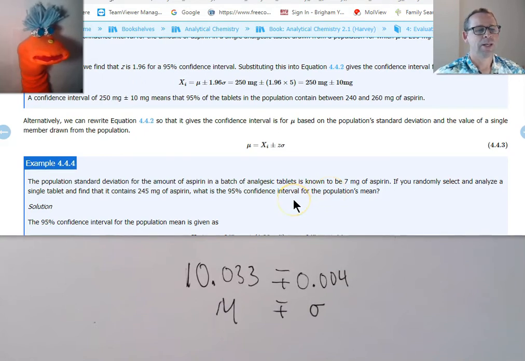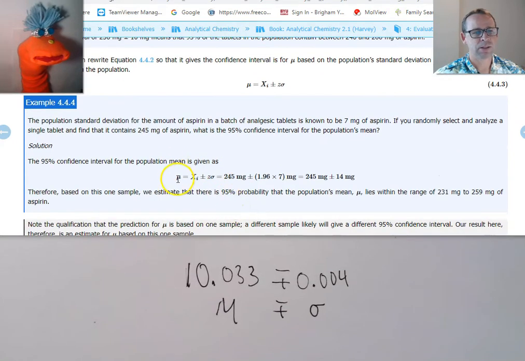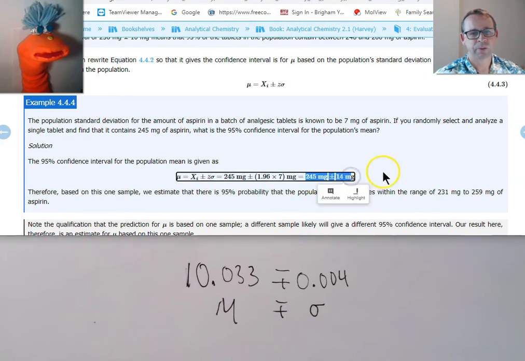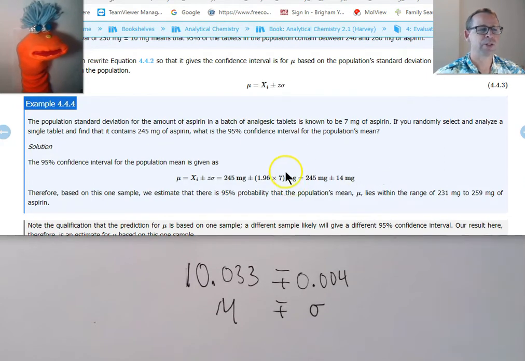It is our tablet, 245, plus or minus 1.96 times our 7. Therefore, based on this one sample, we estimate that there is a 95% probability that the population mean lies within the range stated here. Okay, so let's go over that one again.